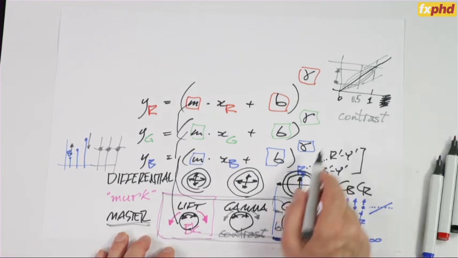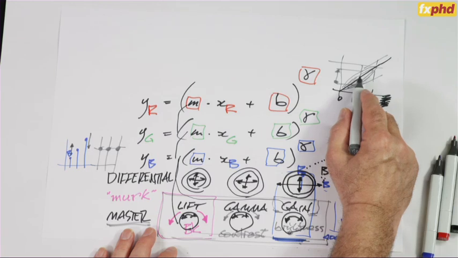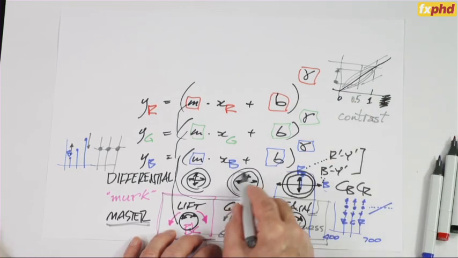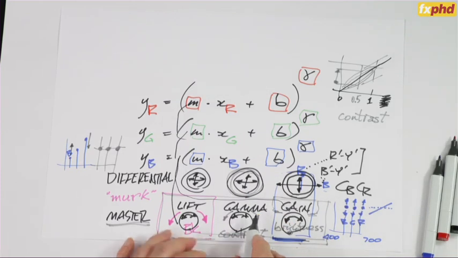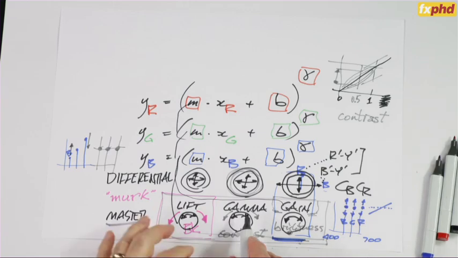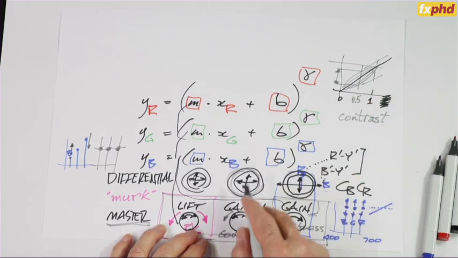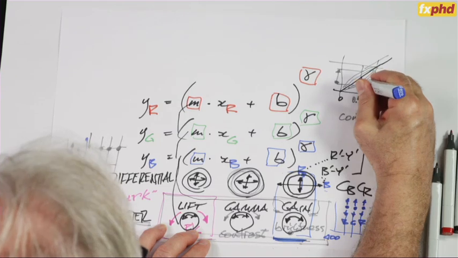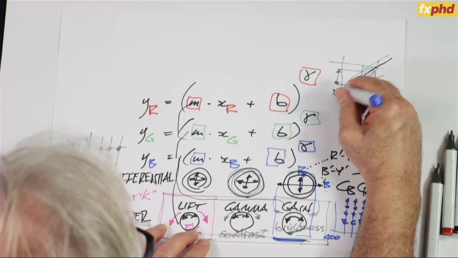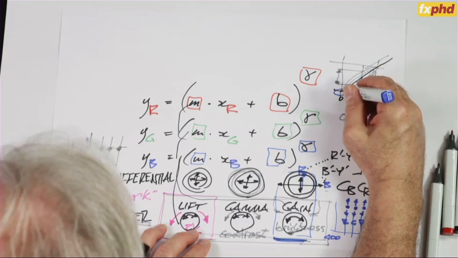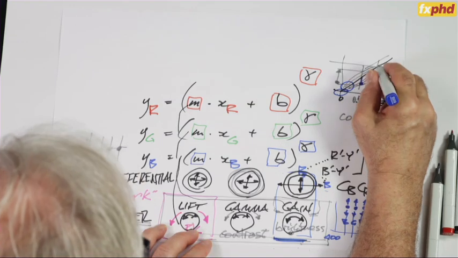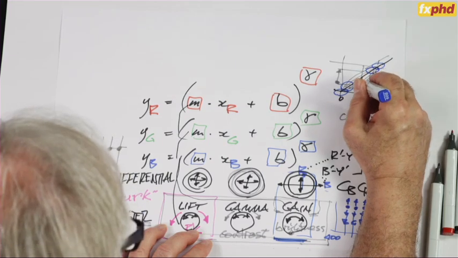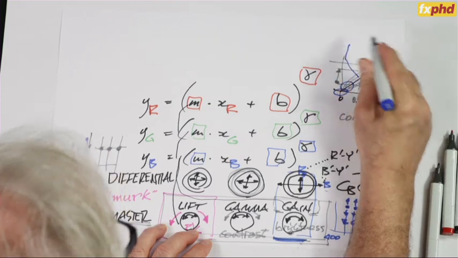But then there are other things you do, like if you drop the gamma of one channel, by using the differential control, leaving the other 2 channels the same, it can have the effect of changing the color in the midtones, but leaving the black color black and the deep grays neutral and the whites white and the highlights neutral. So you can change the color of the midtones.